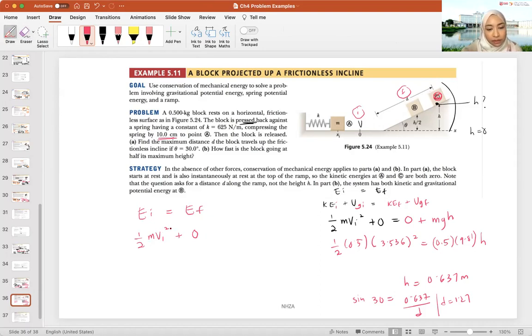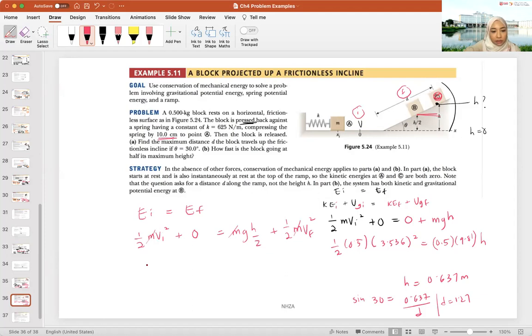So 1/2 m v_i squared plus 0 equals, we want to know what is the final state over here. We have some mgh over 2 because we know that this is halfway of h, and then we have some KE, or 1/2 m v final squared at that point. Okay, so we have m everywhere here, we can cancel it out to make life easy.